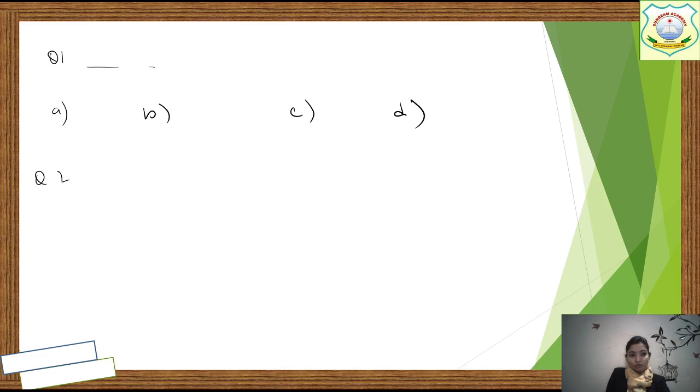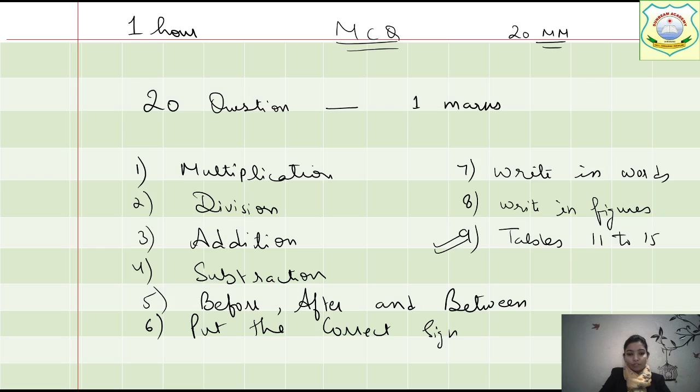Then question 2, again A, B, C, D. So whichever option will be correct, you have to put a tick mark there. Means you have to click there. Clear? So this is your paper pattern and this is your syllabus for unit test 2, UT2 maths. Okay, so practice accordingly and give your best in the examination.